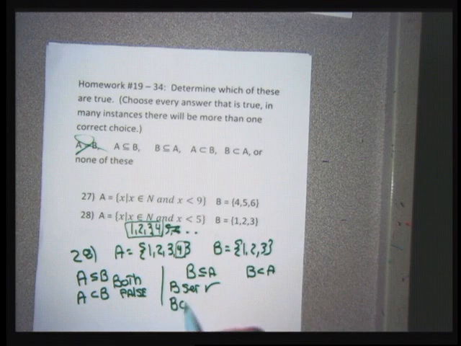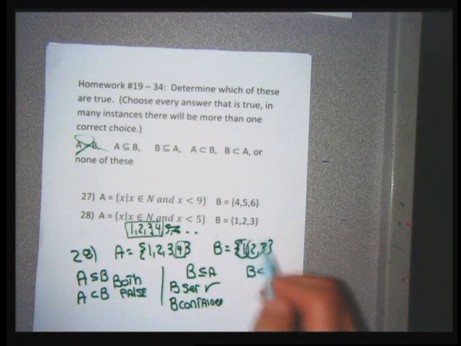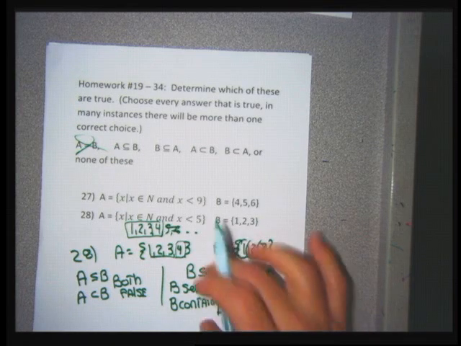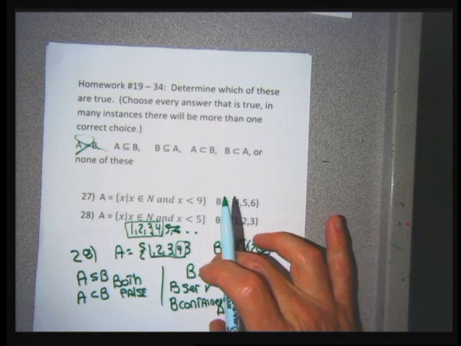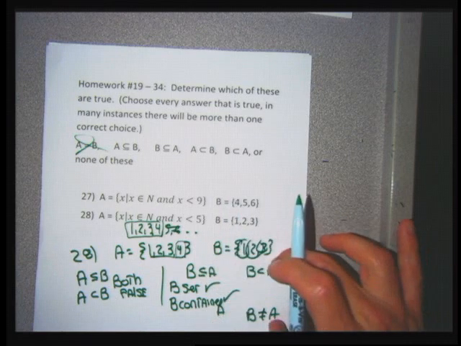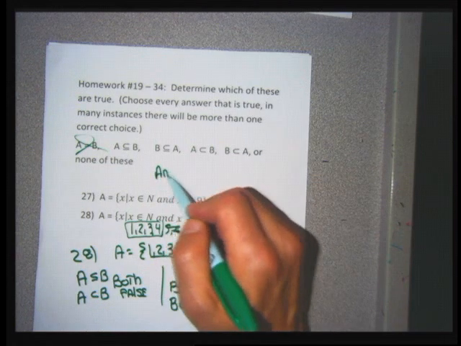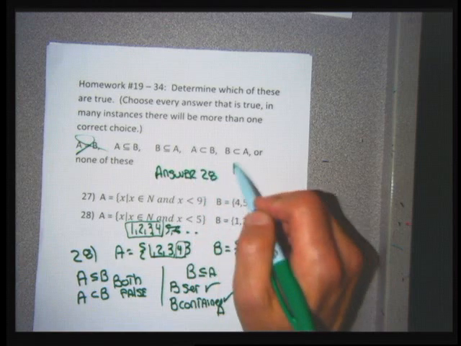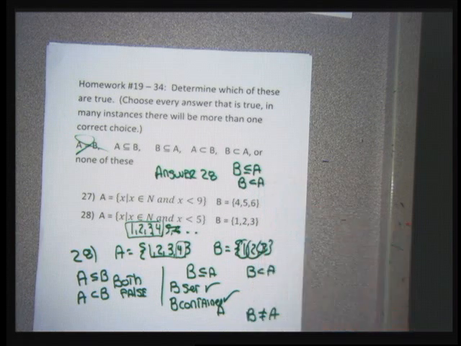B has to be contained in A. B has the numbers 1, 2, and 3, and each of the numbers 1, 2, and 3 are contained in A, so B is contained in A. That would be enough for a subset, and for the proper subset to be true, B can't equal A. So the first two rules are true, so B is a subset of A. The third rule is true, so B is a proper subset of A. So my answer for 28, the symbols that are true, are the ones that have B to the left of A. That is, B is a subset of A, and B is a proper subset of A.